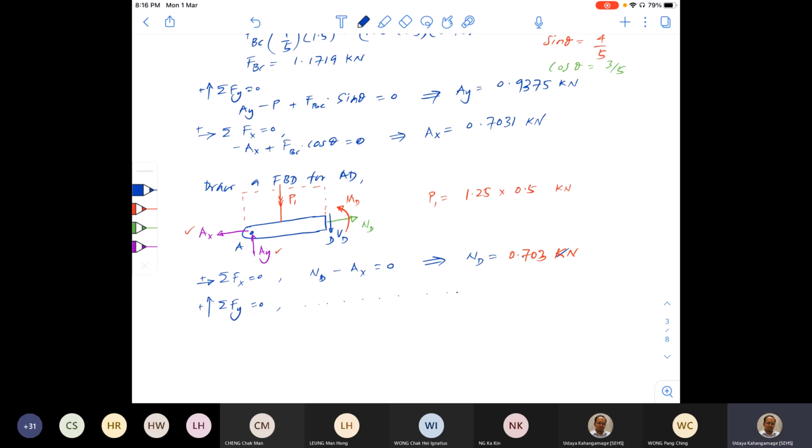Complete this one and see whether you can get this answer: 0.3125 kilonewton.